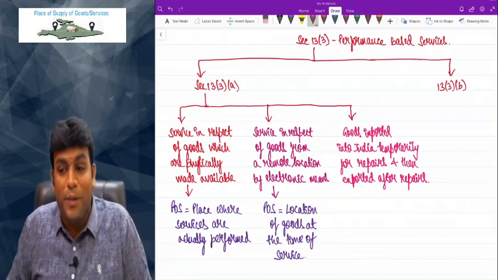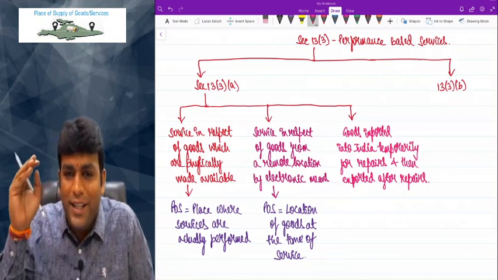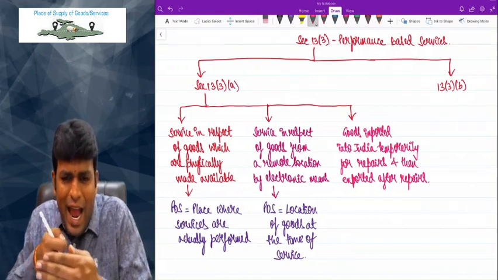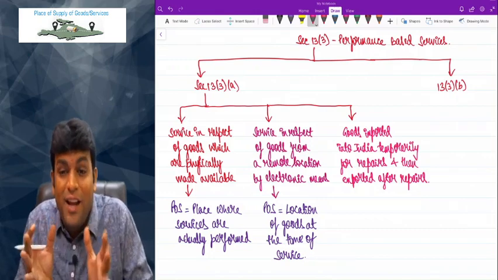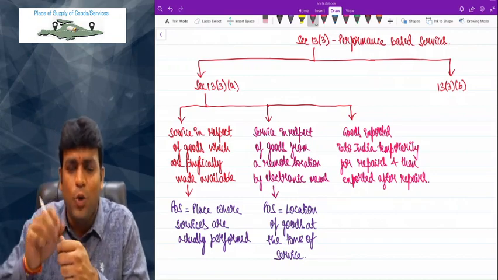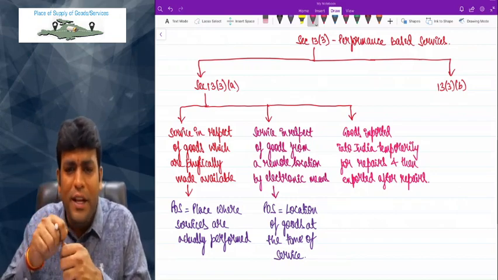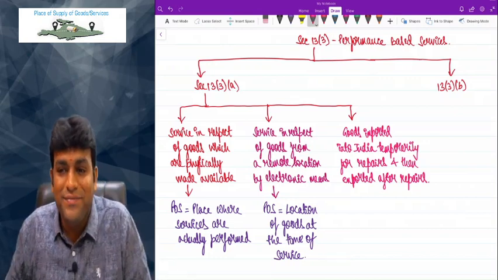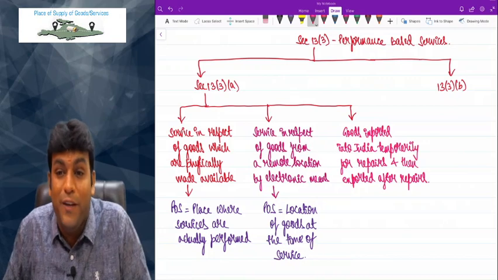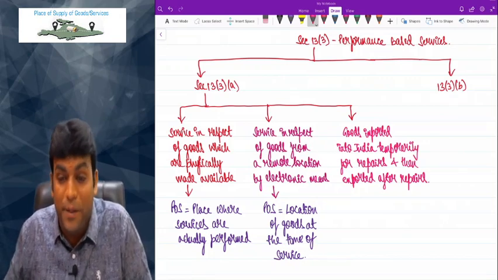That means for the purpose of doing the repairs from foreign country, we imported the goods, we have done the repairing activity, and once that repairing activity is done, we exported the goods. Correct, right? So there was some problem in some goods, so we imported that goods, we repaired it and then exported. So basically goods are imported into India temporarily for repairs and then exported after repairs.